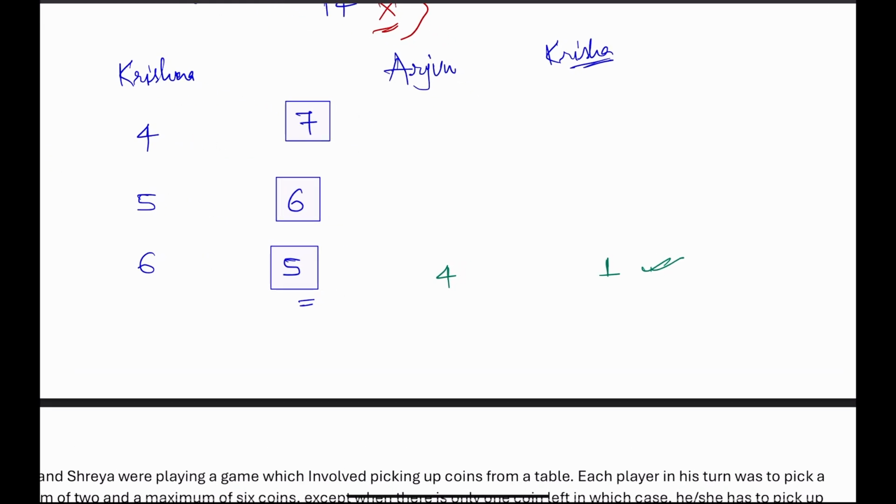So that is also possible here. Arjun can pick either 4 or 5, so Krishna needs to pick either 1 or 2. Here also Arjun can do 4, 5 and 6, anything Arjun can do. And similarly, Krishna has to pick either 1, 2 or 3.